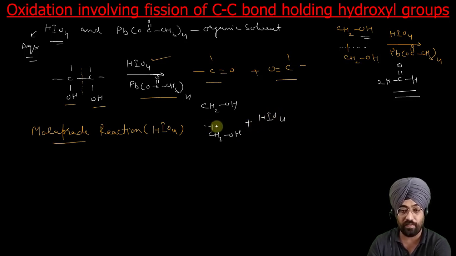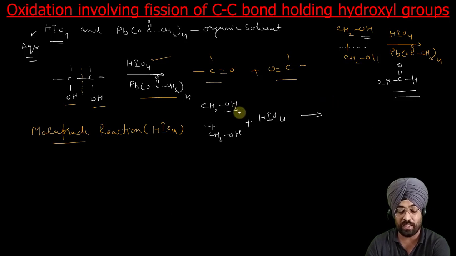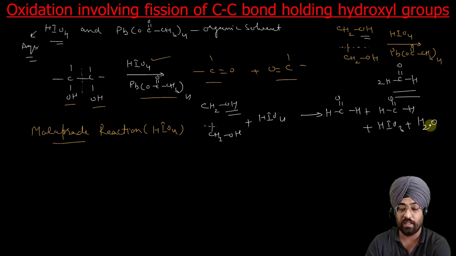This bond cleavage will take place, and each OH group gets converted to C=O. So we get HCHO plus HCHO plus HIO3 and water. This is the overall reaction with HIO4.